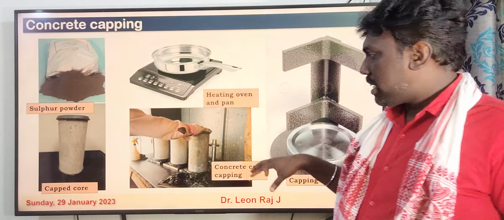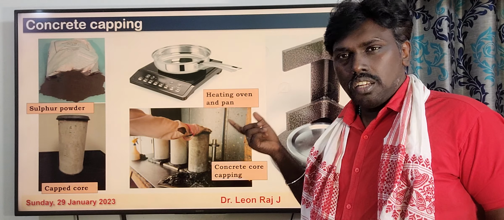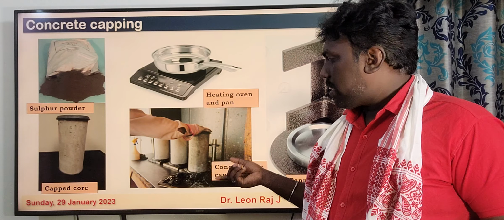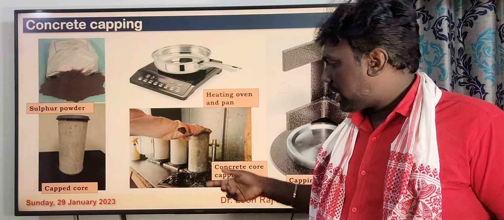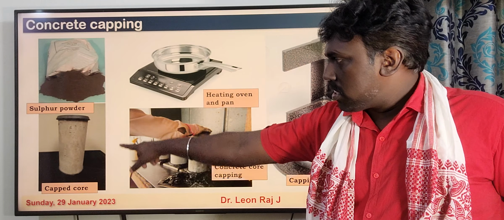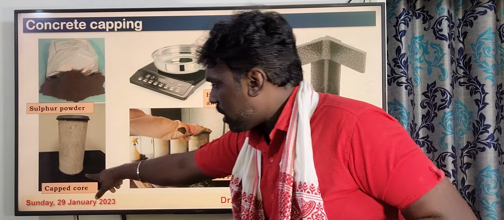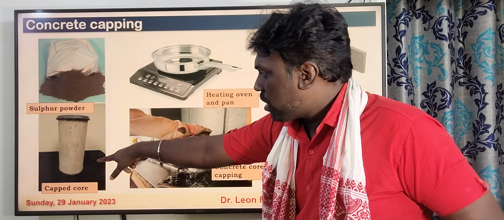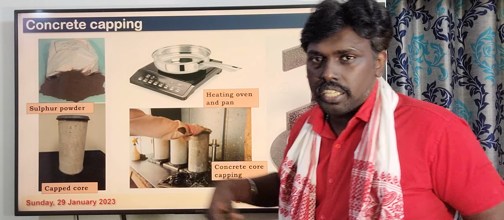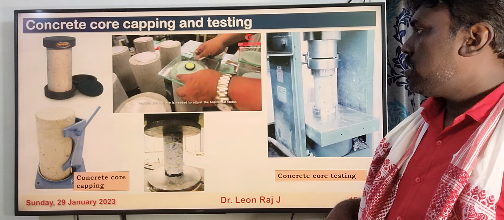Of course, there are several videos available on how to do concrete capping, core drilling, and other related activities. So this is the capped concrete. The other side is not visible, but this is a capped concrete core specimen.